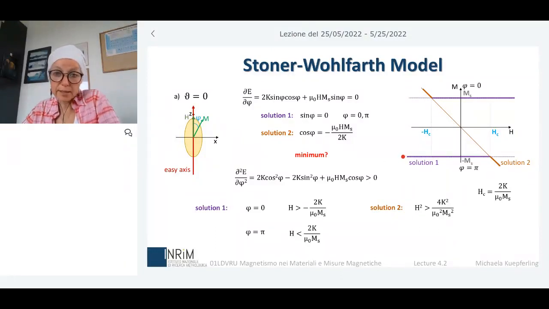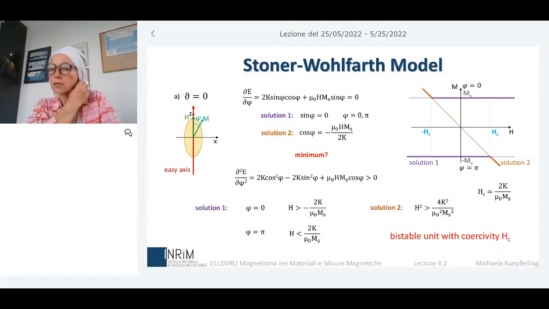If we go back instead, coming from negative MS, we switch again at HC to the next solution. This, of course, is a typical hysteresis curve. We call this very often a bistable unit because it's an elementary unit for having hysteresis with a coercivity HC.